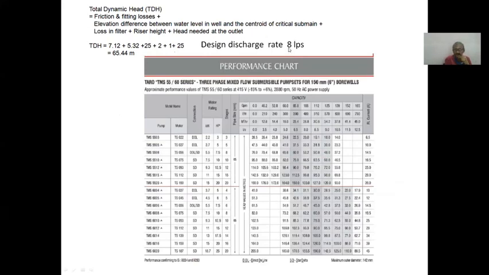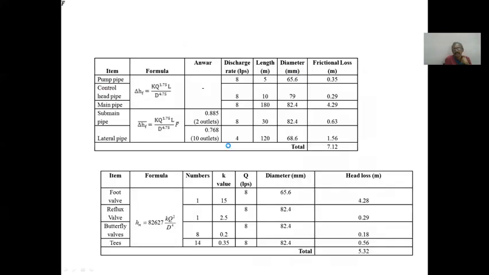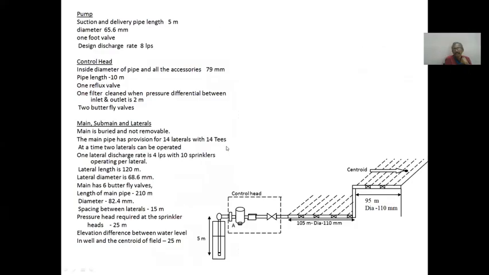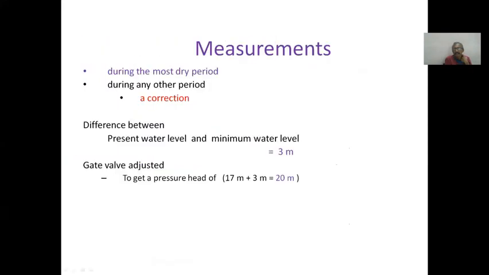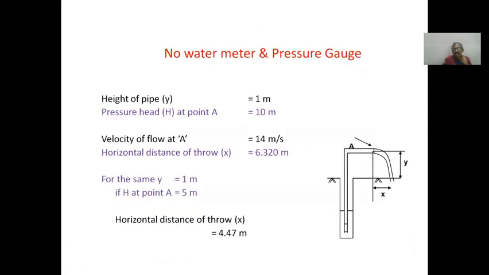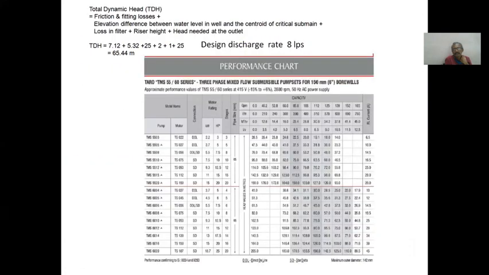So previously I showed this kind of a catalog, and now I am showing another kind of catalog where things are just shown with a tabulation. See here for 8 LPS. So this is the maximum efficiency column.